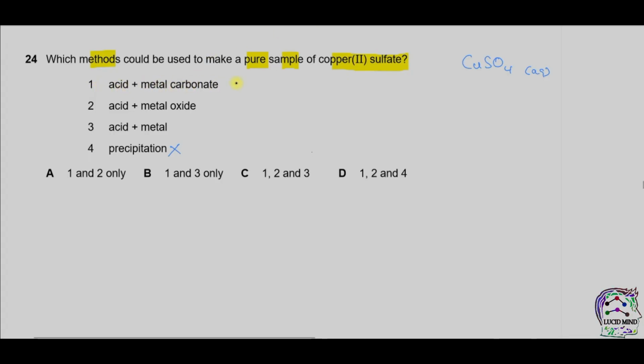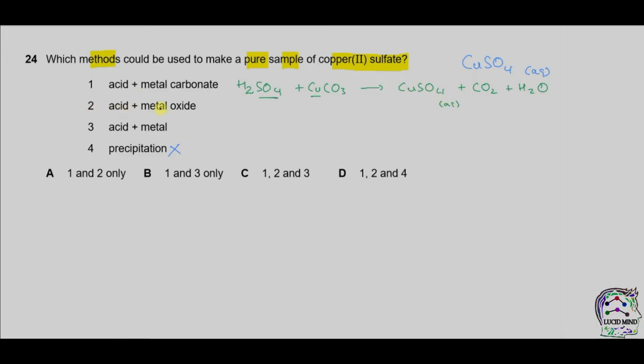Let's suppose we take sulfuric acid and we react it with copper carbonate. So it can form copper sulfate along with water and carbon dioxide. So we can separate copper sulfate from H2O by crystallization.